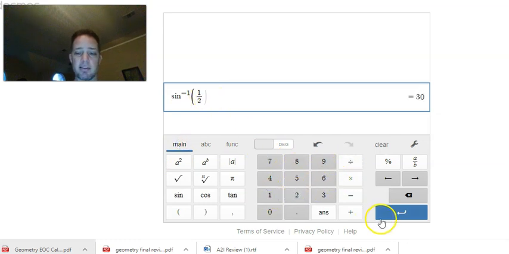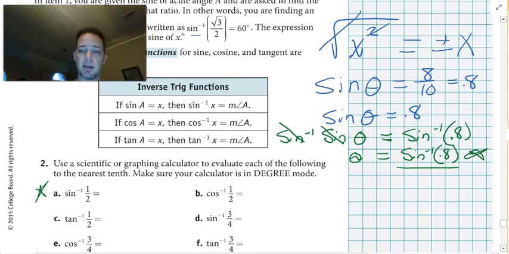Notice that's inside the parentheses, and we are in degree mode here. We need to make sure we recognize we're in degree mode, because if I click it, it'll put it in radian mode. We're not doing that. And I get 30 degrees. So back here, I do get sine inverse of 1/2 equals 30 degrees.